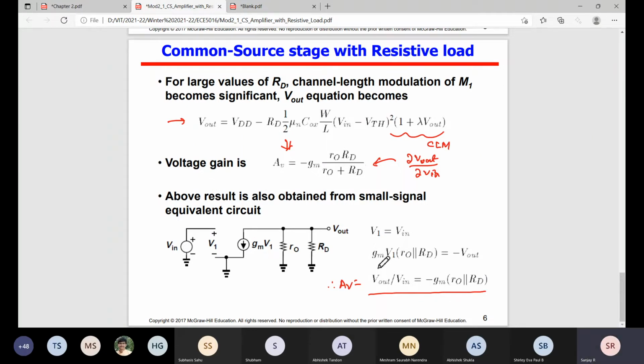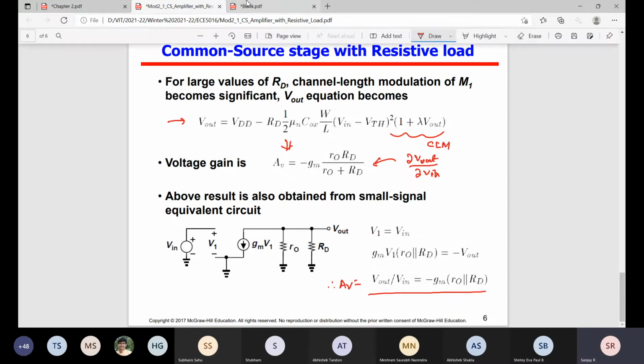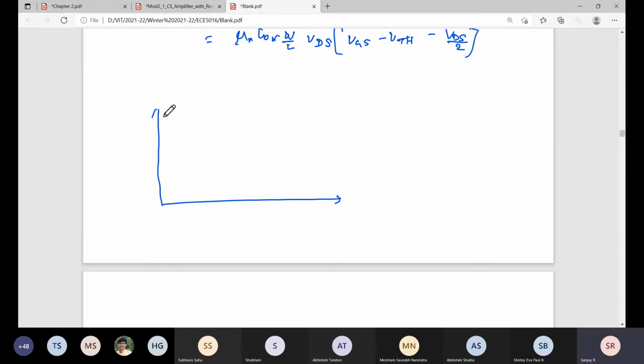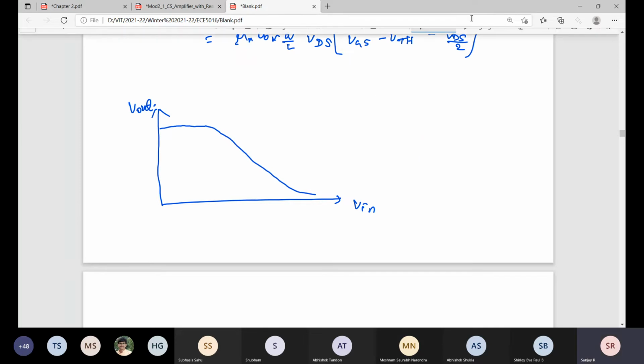So for finding this gain, you want gm. We already know the different formulas. gm depends on the operating point. With respect to the operating point, what is gm? With respect to the operating point, what is r0? So this is Vin, Vout, our large signal curve.